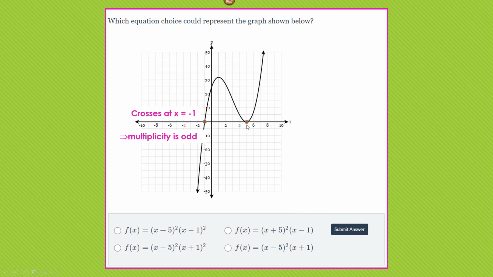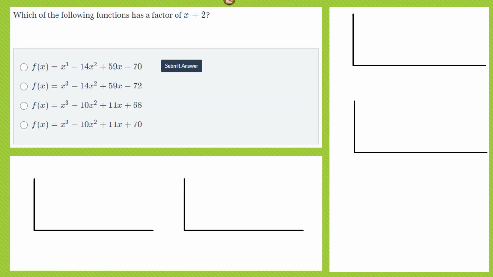At 5, I'm touching, and that's at +5, so the factor is x minus 5. And so this would be the best choice because we're going to have an even multiplicity here, which means I touch at 5, but an odd multiplicity here, so I'm going to cross at -1. So this is the correct choice.